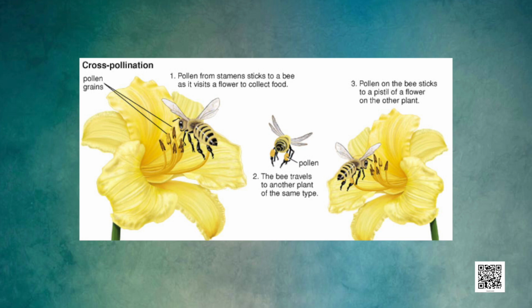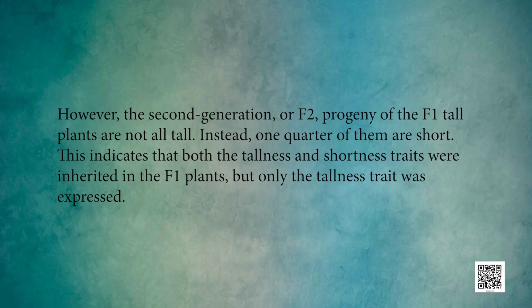Self-pollination is when pollen from the same plant arrives at the stigma of a flower. The progeny of the parental plants are of course all tall. However, the second generation or F2 progeny of the F1 tall plants are not all tall. Instead, 1/4 of them are short.